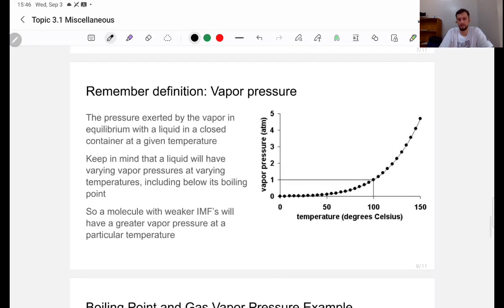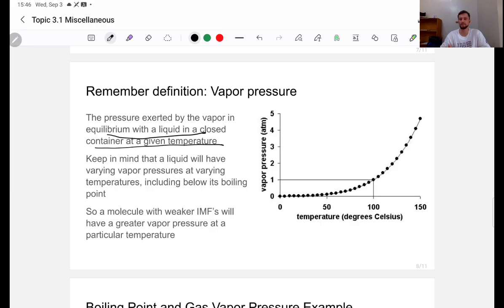So remember the definition of vapor pressure: the pressure exerted by the vapor in equilibrium with a liquid in a closed container at a given temperature. Obviously, when you're cooking rice, you're probably not doing it in a closed container, but you get the idea nonetheless, right?